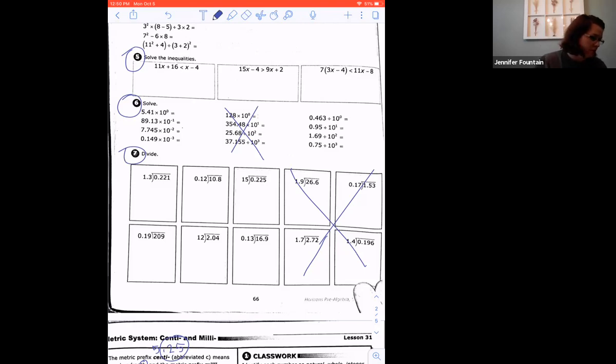So this whole unit starts on lesson 32 and goes through 42.